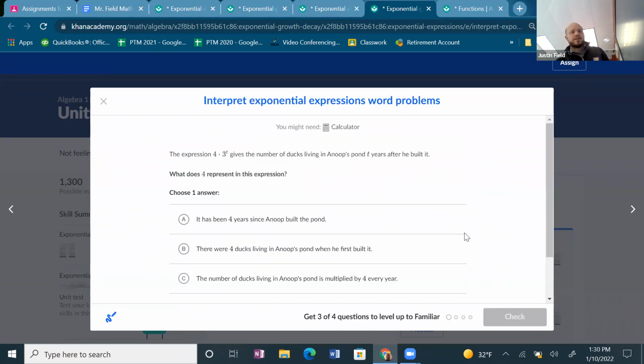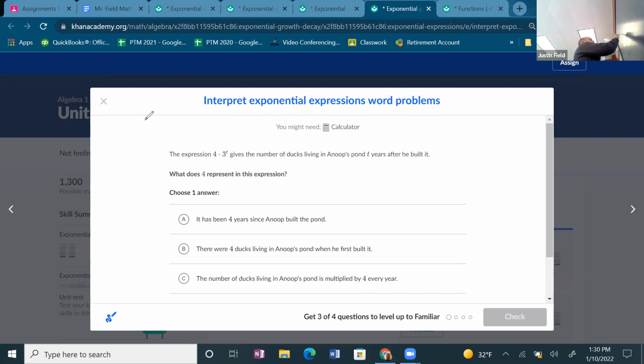Now let's look at interpret the exponential expression word problems. The expression 4 times 3 to the t gives the number of ducks living in Anoop's pond t years after he built it. What does the 4 represent in this expression? All right, so remember that I told you a times 1 plus r to the t, and this whole inside thing is the growth factor, right? So here, 3 is the growth factor.